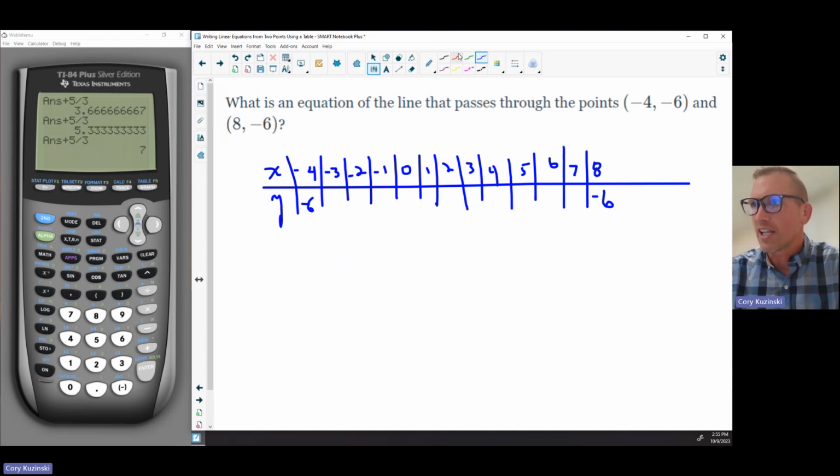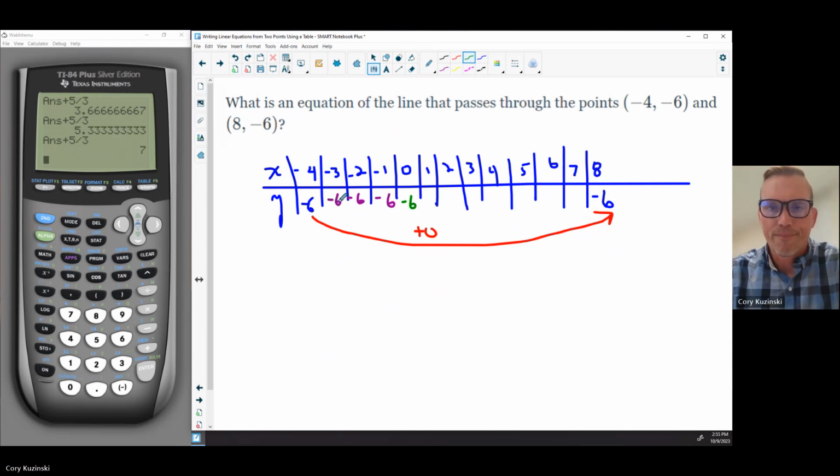But I think I just wasted a lot of time, because what's this change? There is no change. Y is always -6. Doesn't matter. So our equation is y equals -6. That's it.